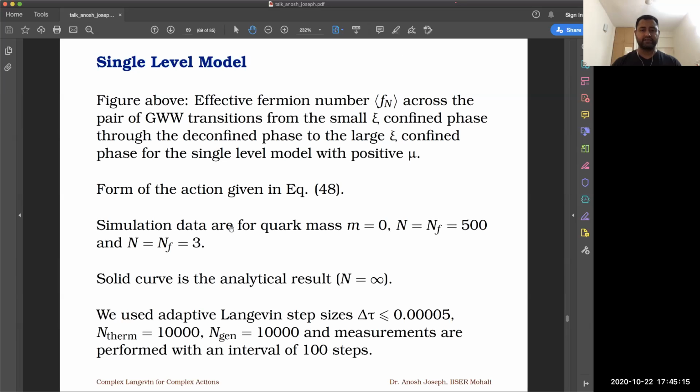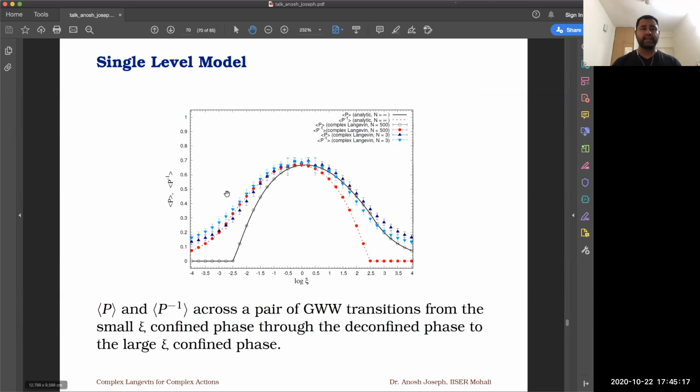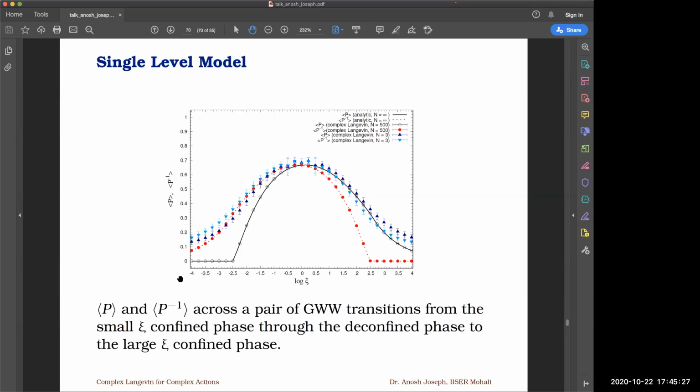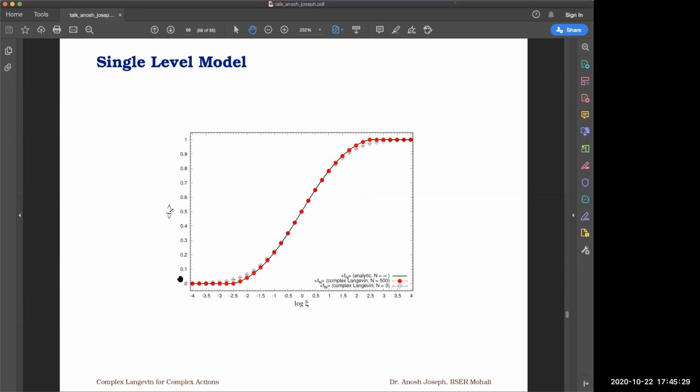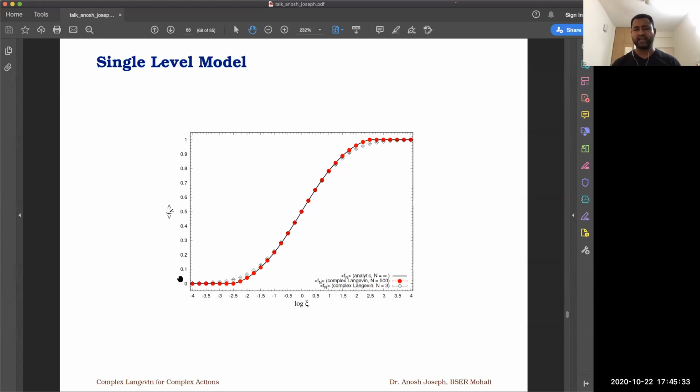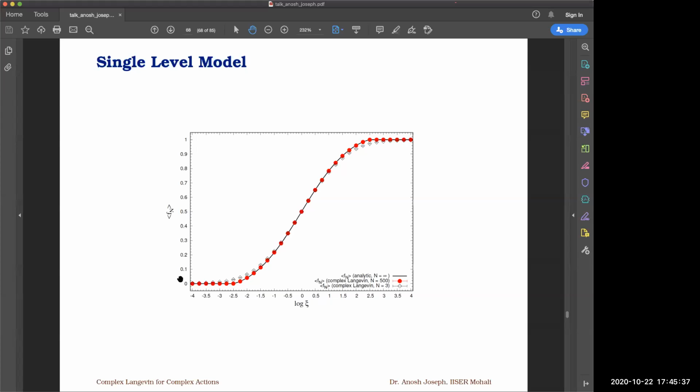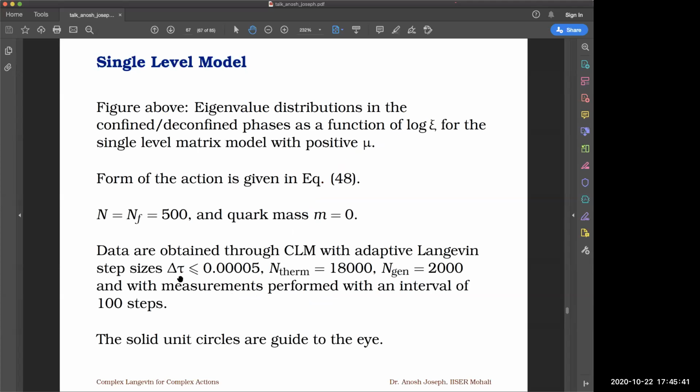So this is again an explanation of this figure. We can look at the Polyakov loop as we change this parameter. Is it a requirement of going to this matrix model that n has to be equal to nf, or can we just plug in any number? In simulation, nf just comes as an overall factor outside, or how does nf come in the action?